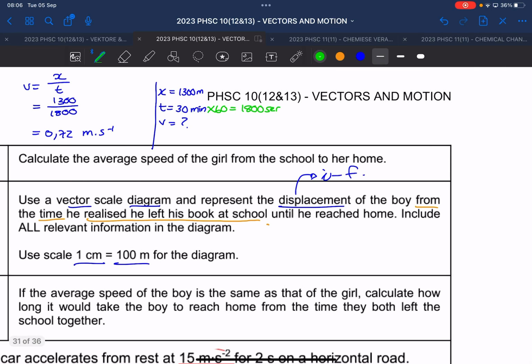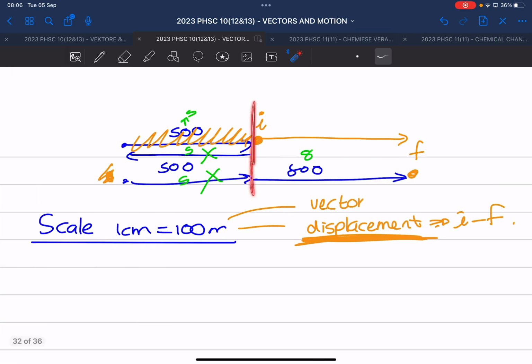They asked for his displacement from the moment he realized he's left his book at school until he reaches home. There he realized he left his book at school. There he reaches home. What is his displacement? The direct line there. So you're only going to draw that line.